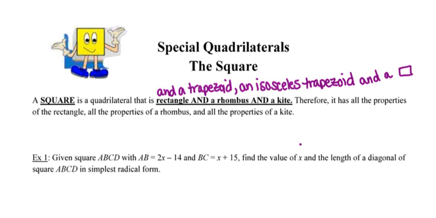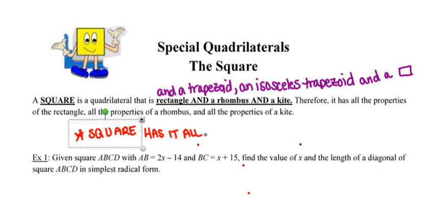So that's, again, kind of a nice way to remember the square has it all. He's got all the properties of the parallelogram, he's got all the properties of the trapezoid, he's got all the properties of a rhombus, all the properties of a rectangle, so on and so forth.